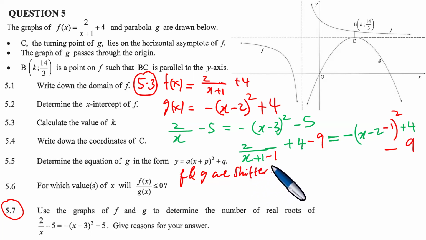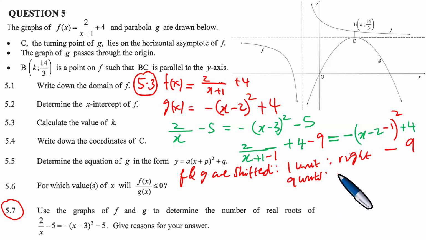How are they shifted? f and g are shifted 1 unit, and also they are shifted 9 units downwards.